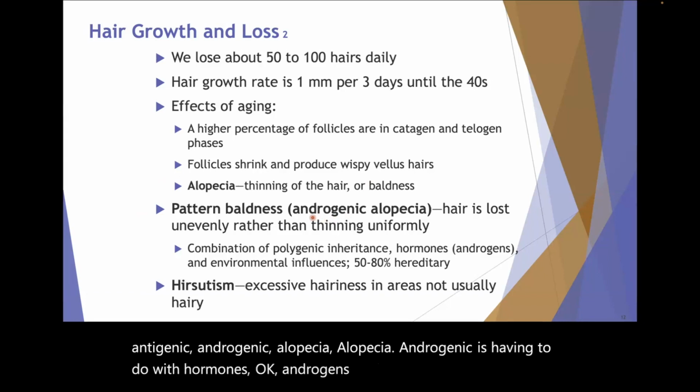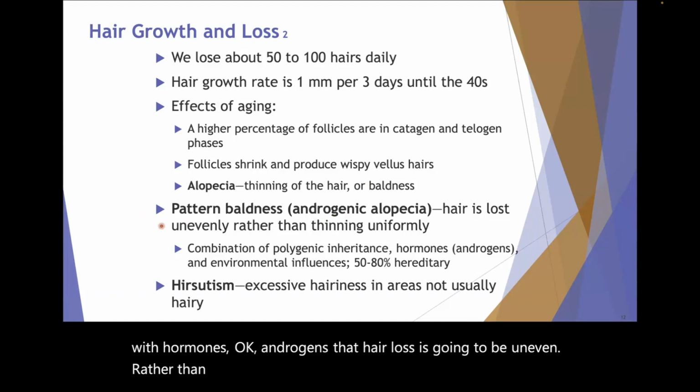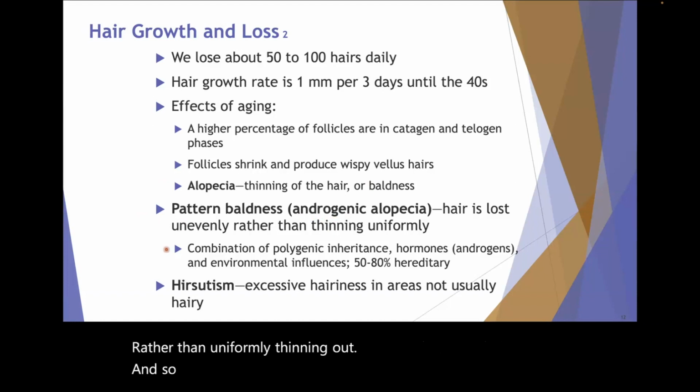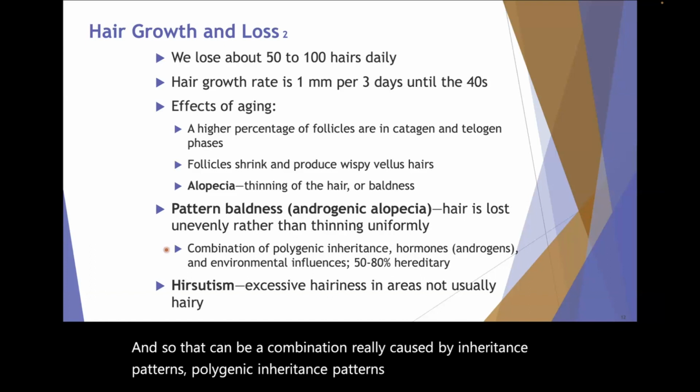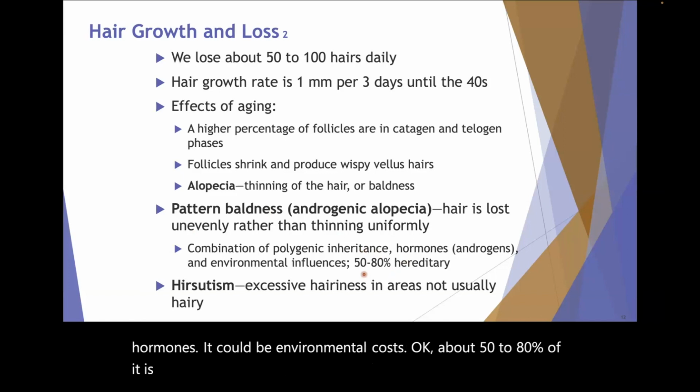That hair loss is going to be uneven rather than uniformly thinning out. It can be caused by inheritance patterns, polygenic inheritance patterns. It could be a cause of hormones. It could be environmental causes, okay? About 50 to 80% of it is hereditary.